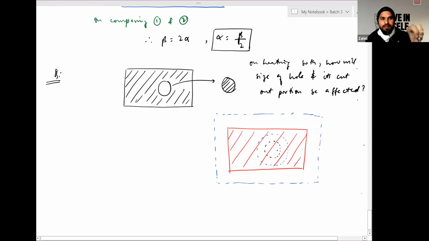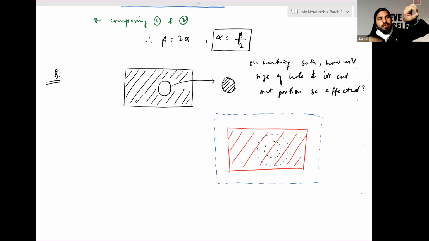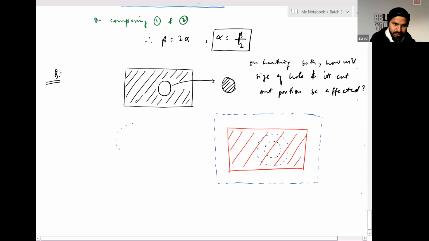So let's say hole is like this, in which there will be some particles at its boundary. Let me define you. Suppose this is your hole on which particles are arranged initially like this. In solid, there will be least separation between particles.